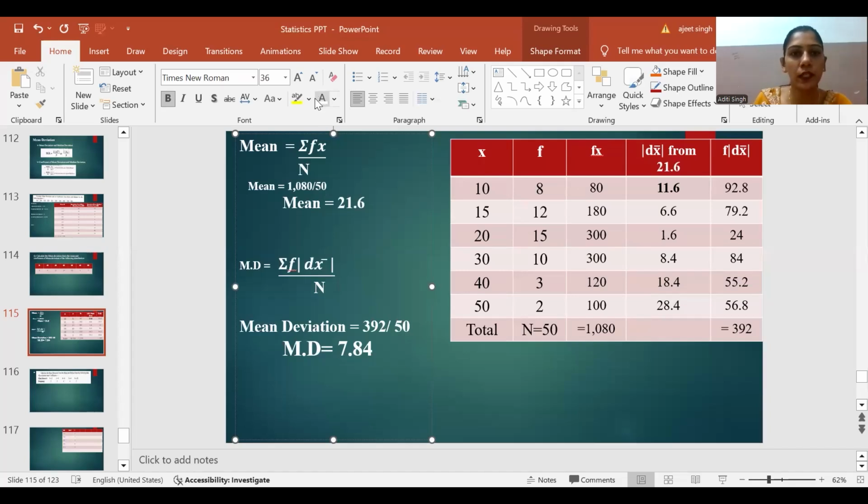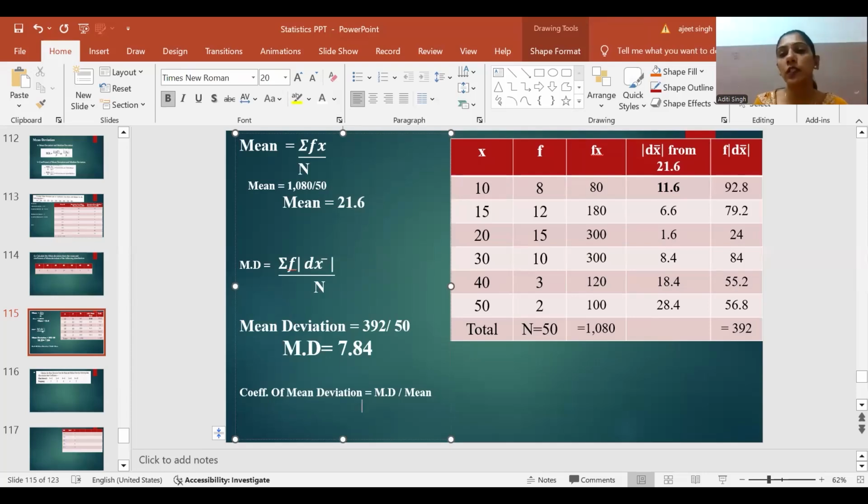The formula for calculating coefficient of mean deviation is equal to mean deviation divided by the value of mean.